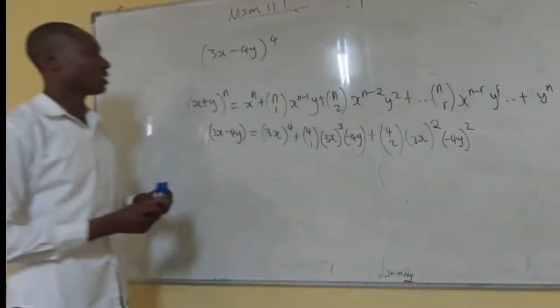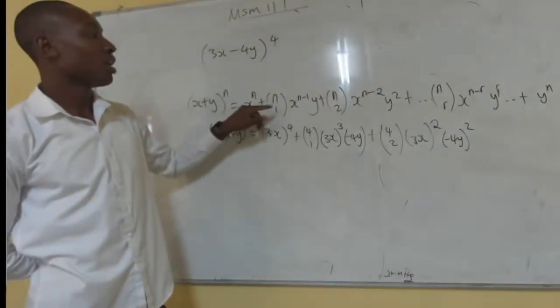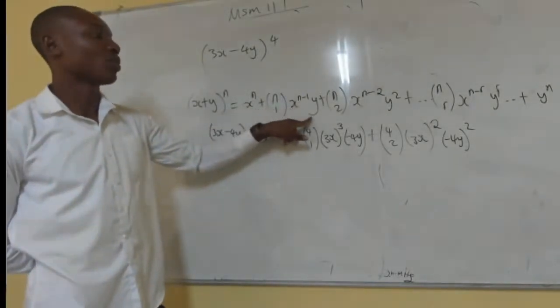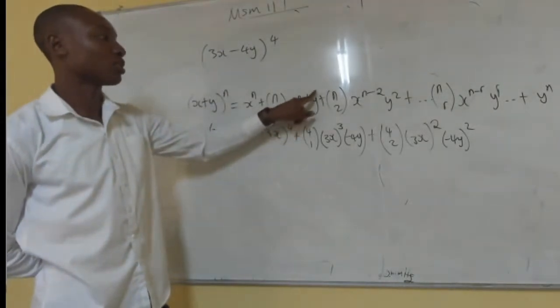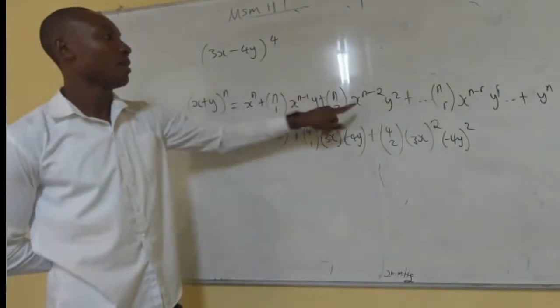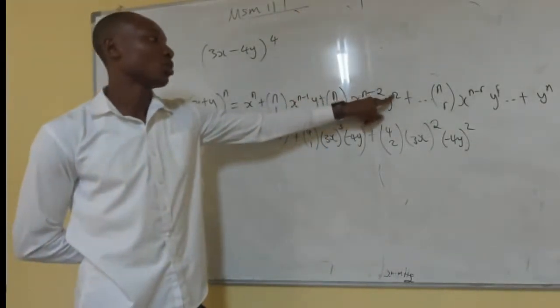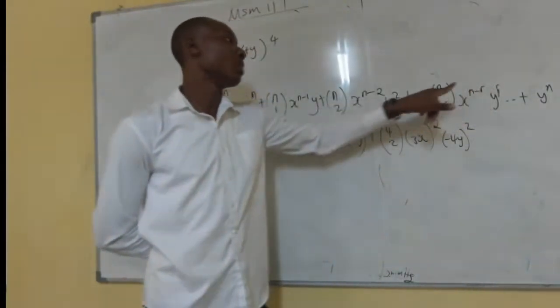Now what you will notice is that when you add the powers of x and y, they will always get you back to n. Because n minus 1 plus 1, the ones cancel, you end up getting back to n. n minus 2 plus 2, back to n. n minus r plus r, back to n.